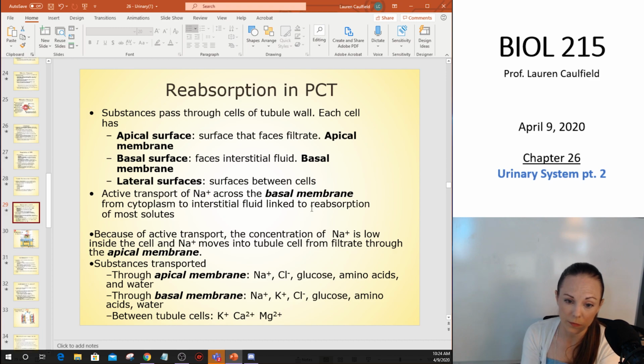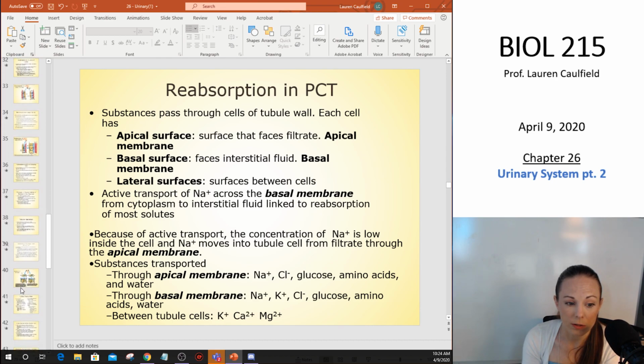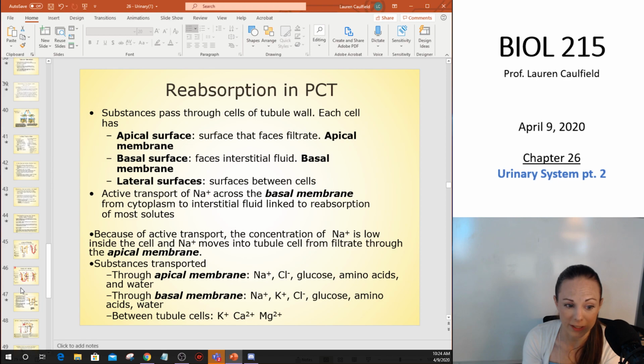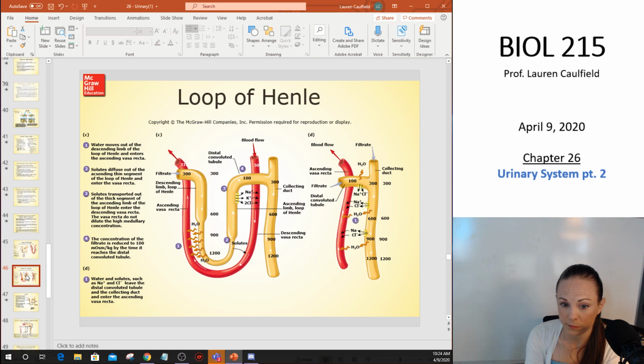All right, so you'll notice as we continue to go through the rest of the tubular segments, we're going to see a lot of information about what types of ions are being moved at these different locations, okay? So as you guys are trying to reference what is being moved, you can look at slide 45. No, wrong one.